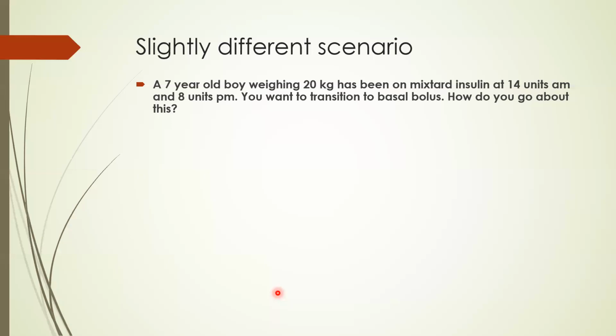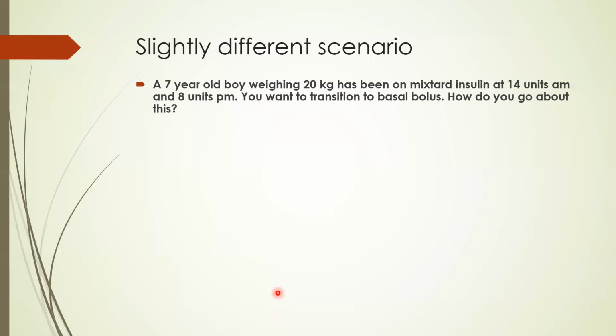So prepubertal, weighing 20 kilos, is on mixed 14 and 8. So how do you move to basal bolus? Any responses? None so far in the chat.